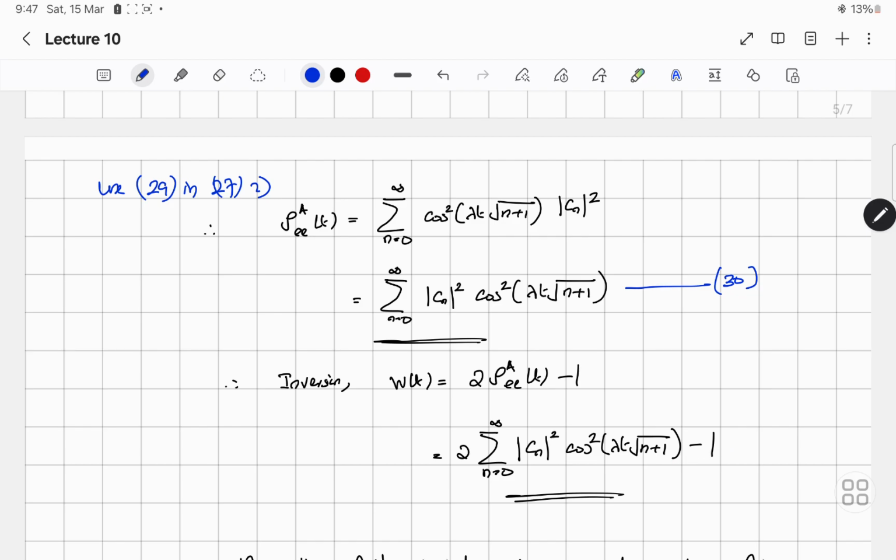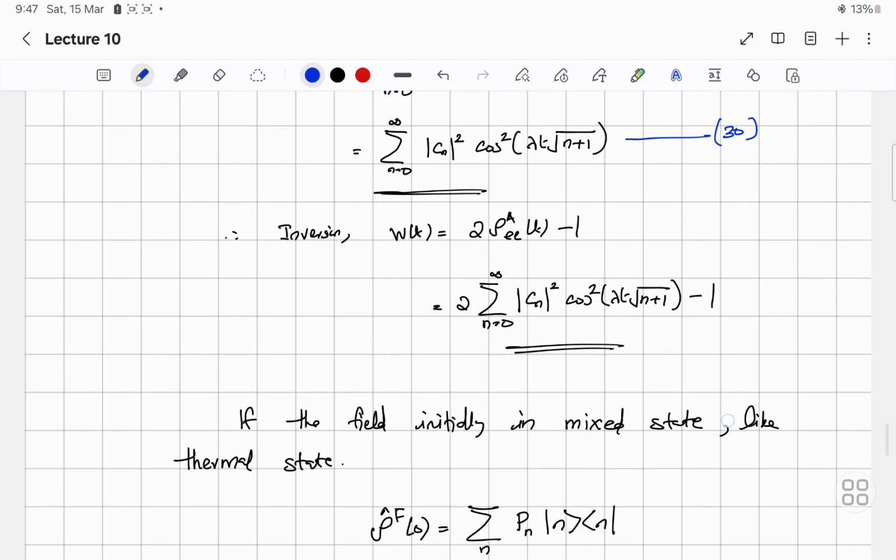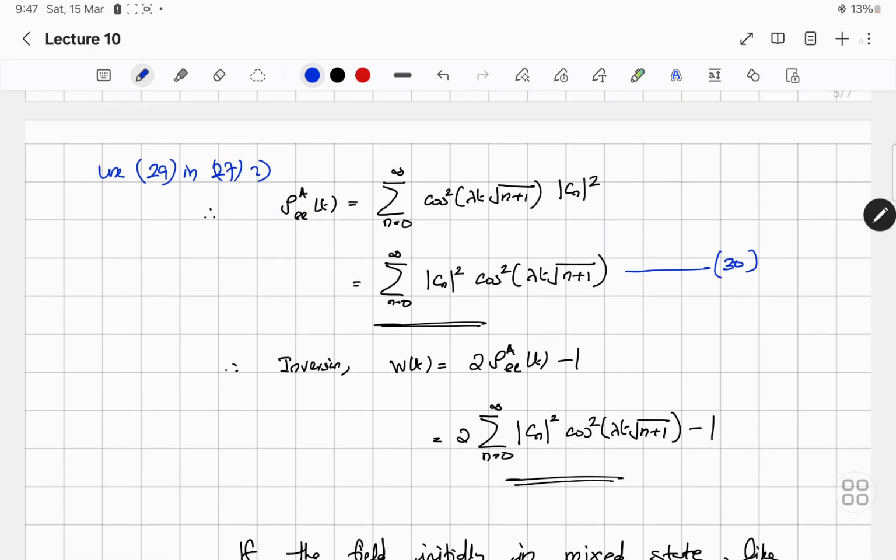Okay, now this can be applied in many cases, particularly if the field is in a mixed state. We have already reached this expression earlier, particularly when the field is initially in the coherent state. Then all I have to do is substitute the expression for the probability to find the atom in the excited state, because if the field is initially in the coherent state, the coherent state alpha can be written as sum over n equal to 0 to infinity C_n |n>, and what is the C_n there?